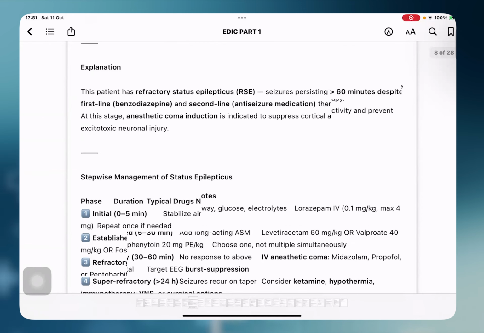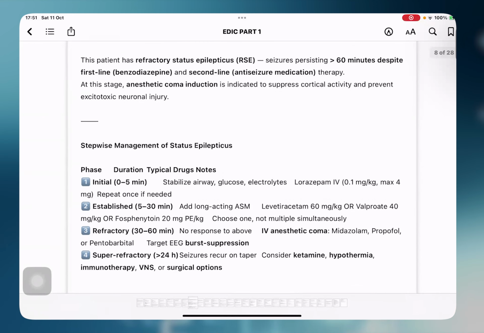How do we manage status epilepticus? In the initial phase, 0 to 5 minutes, we try to stabilize the airway, we manage the glucose and electrolytes, and we give lorazepam IV, maximum 4 milligram. Repeat once if needed. Second is the established phase.